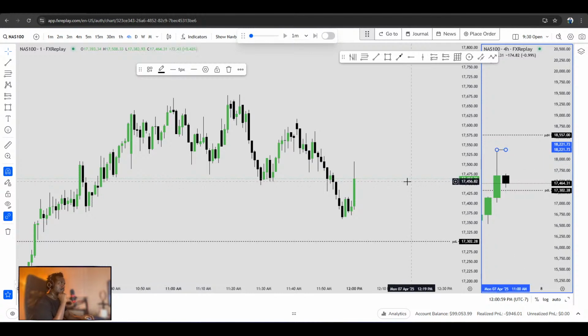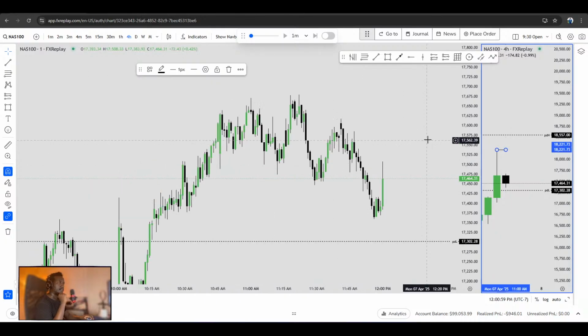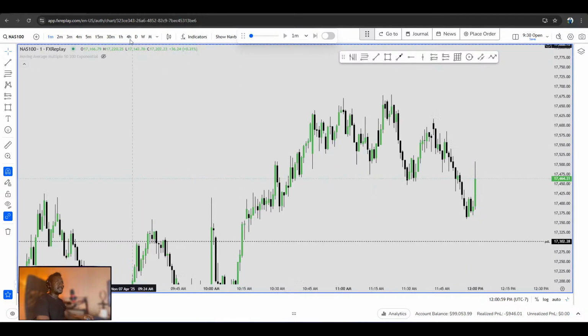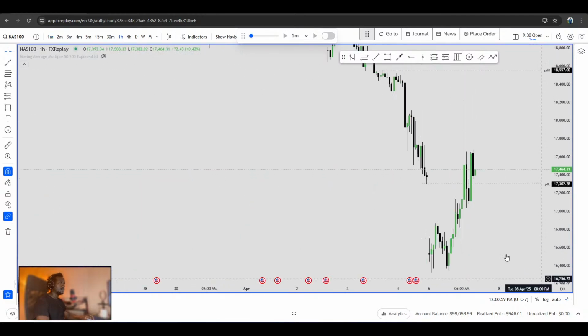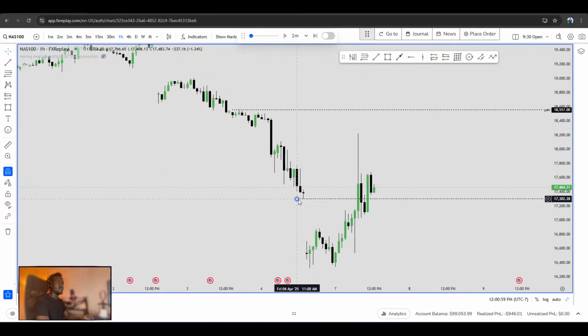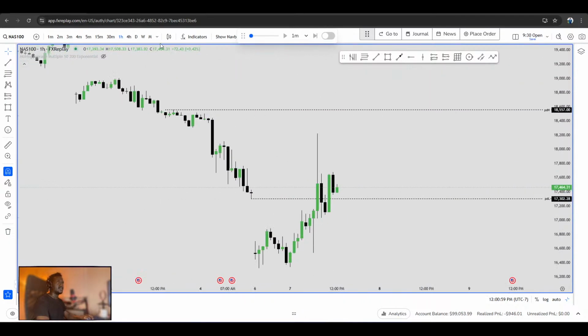So what I'm gonna do is just, after I draw this 1 hour, you know what, let's just use one chart. That's just overkill. Let's come here, let's go to the 1 hour. So I don't need this no more. That's the previous day low, right? That's nice.